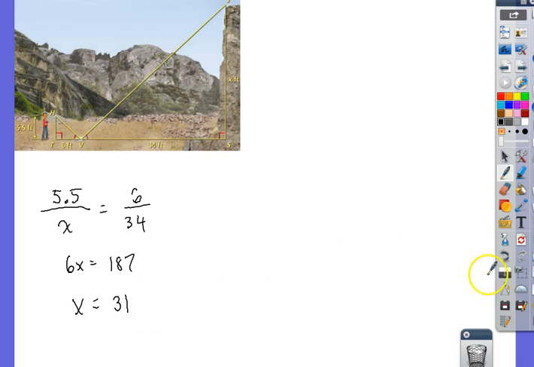I guess a better way to write that would be 187 over 6 feet, but 31 and 1/6 is the same thing. So that's how tall that cliff face is: 31 and 1/6 feet, or 31 feet 2 inches if you want to get technical.